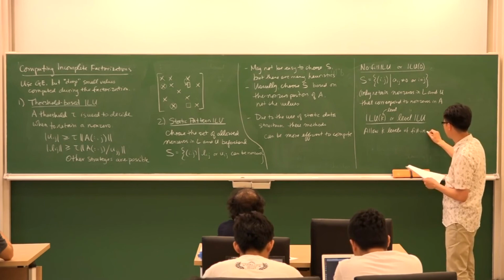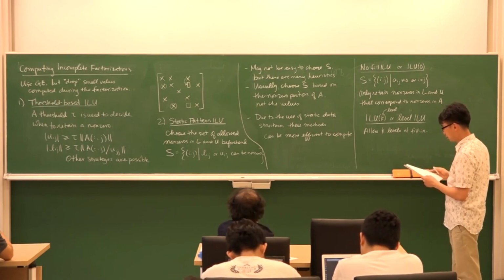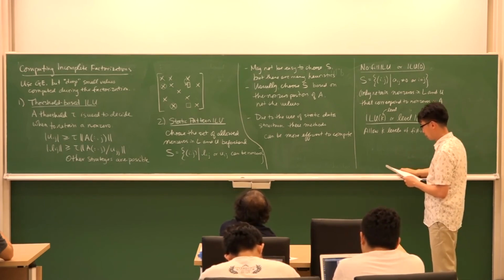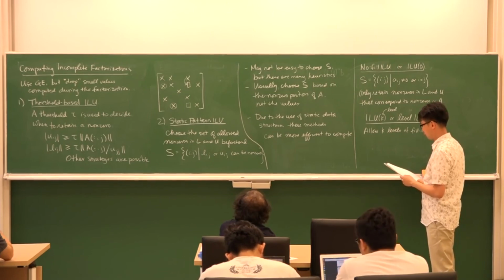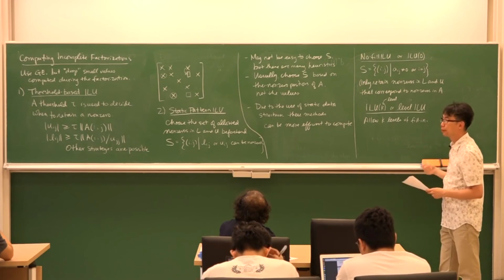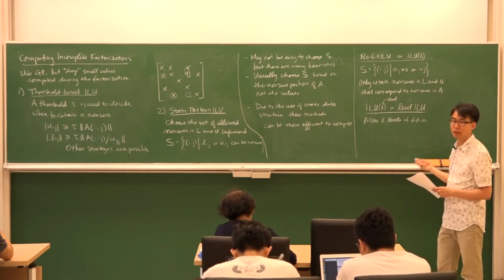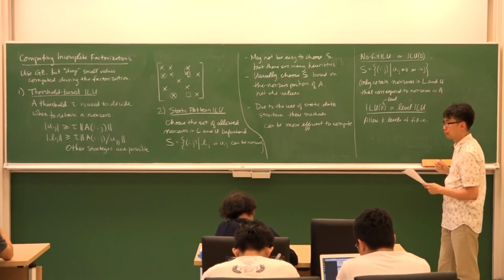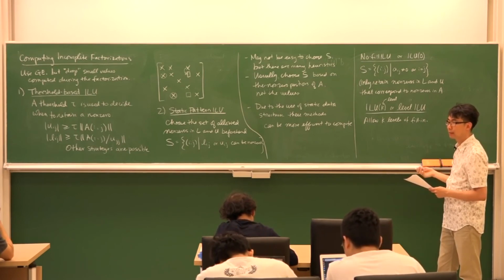So we're going to allow K levels of fill-in. And we're going to define a fill-in level for each possible location ij. And it's defined recursively.